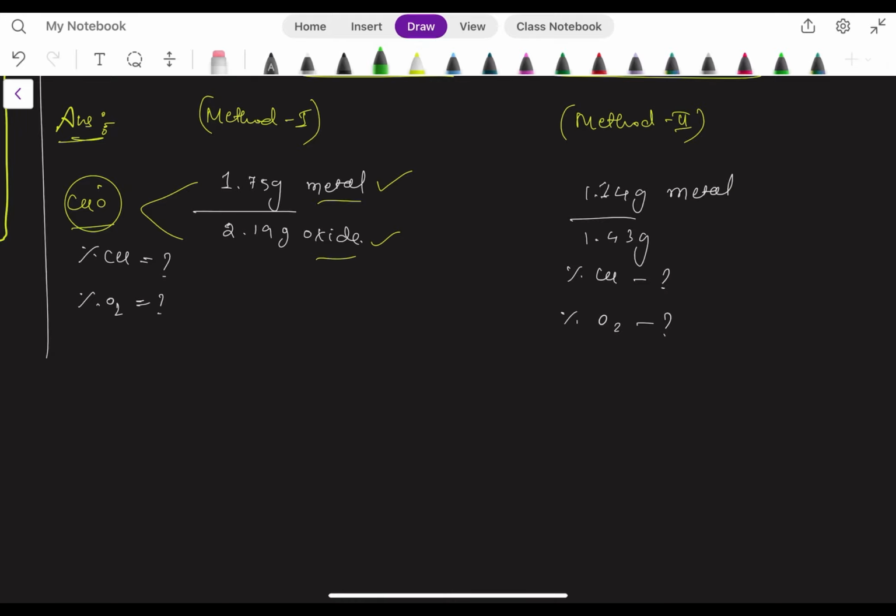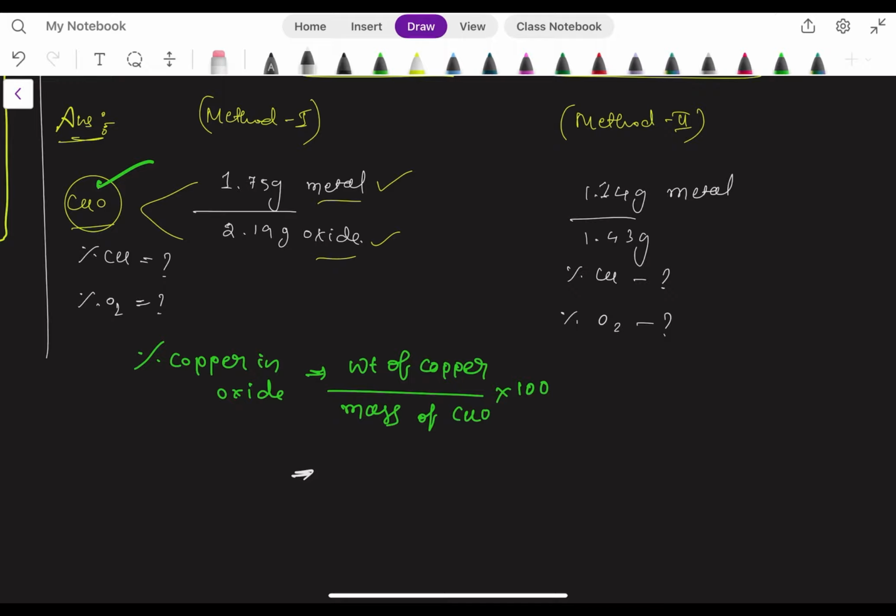The percentage of copper in oxide is the mass of copper divided by the total mass of copper oxide, multiplied by 100 because it is a percentage.